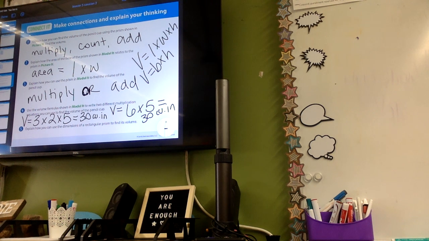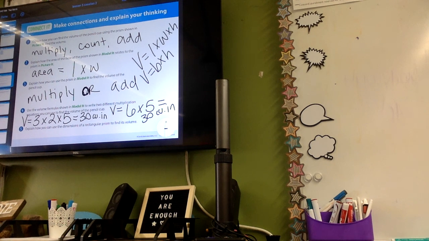All right, number 5. Explain how you can use the dimensions of a rectangular prism to find its volume. What does the word dimensions mean? Blaine, what's dimensions? Nope. What is a dimension? Alyssa? Colin? It's the D in 2D.